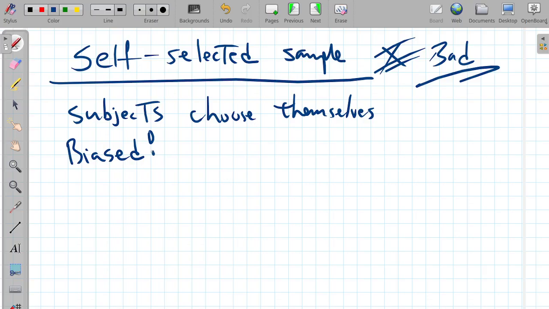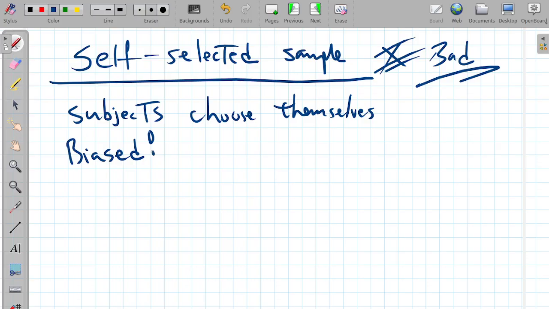Either you're really against whatever the question's referencing, or you're really in favor of whatever's being questioned. The people who are neutral, however, usually can't be bothered to vote. And of course, then there's also the business of repeated votes, and you see this on social media all the time. So these are bad ways.